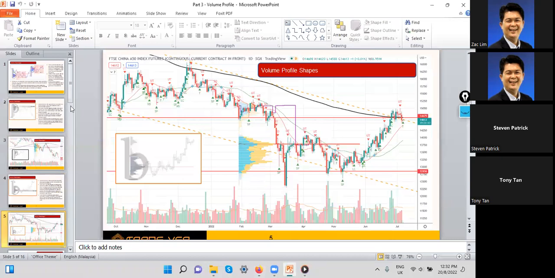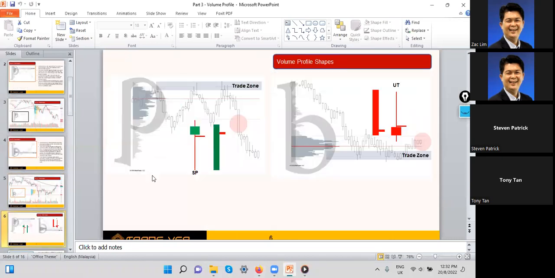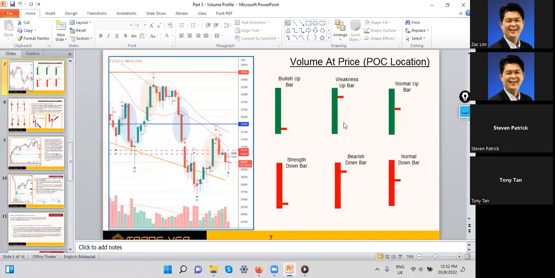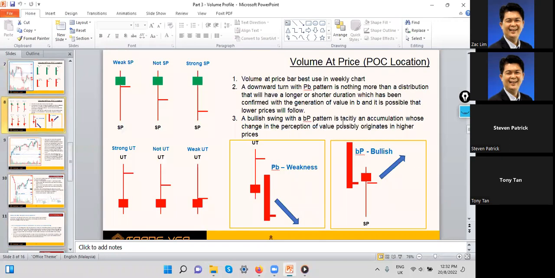Sorry, maybe it's the first time you are hearing this, so it might be something new and a little bit hard to catch. Try to understand, maybe also because the slide that I put is not clear, but you can catch me back on Telegram. So you focus on this one, the weakness and the bullish one.